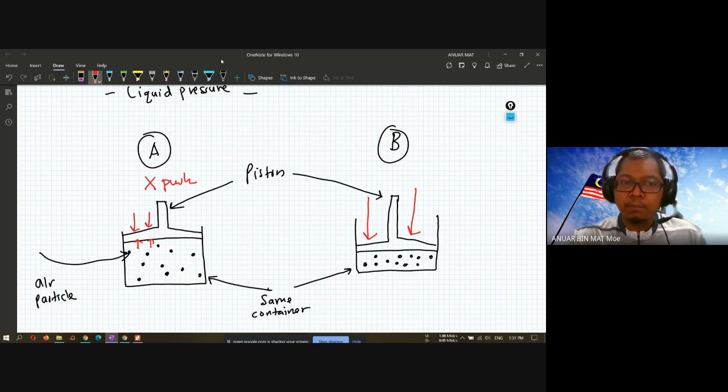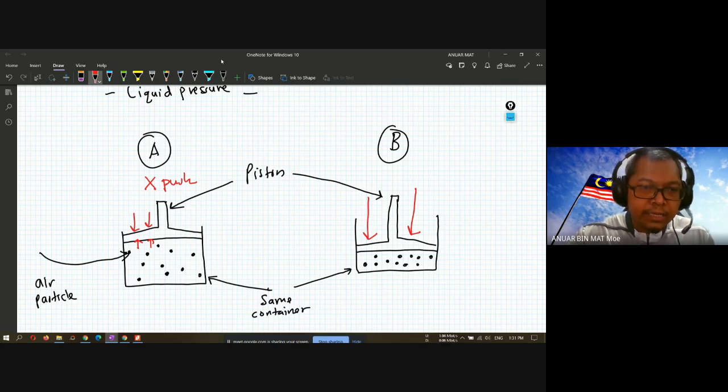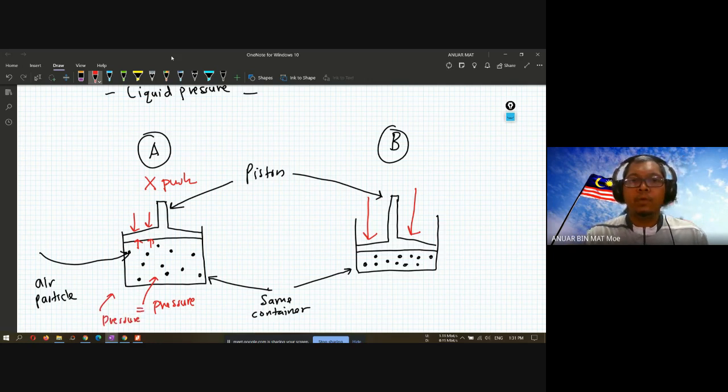So the pressure is the same, meaning that the amount of air particles inside the container and outside the container is the same. So when I leave it like that, the pressure inside and the pressure outside is the same. Remember, same pressure.